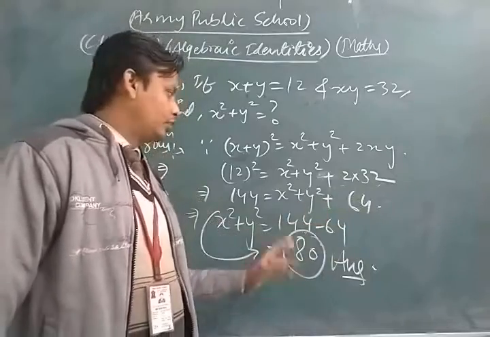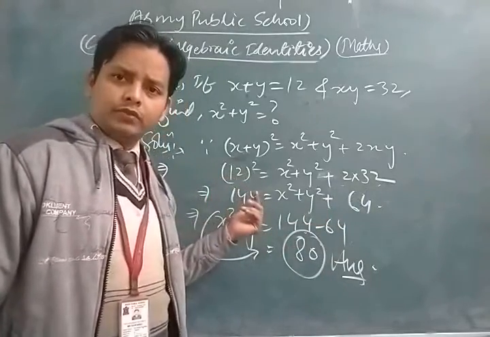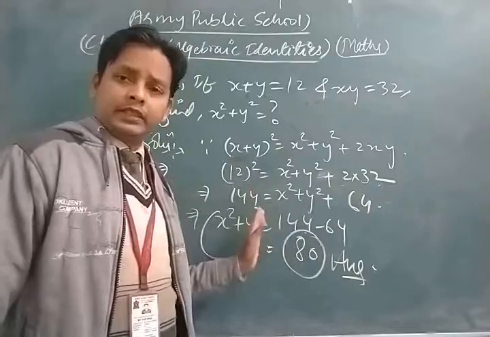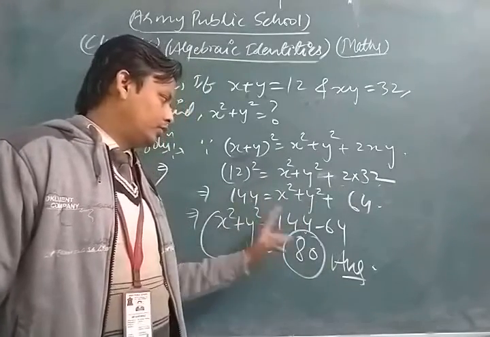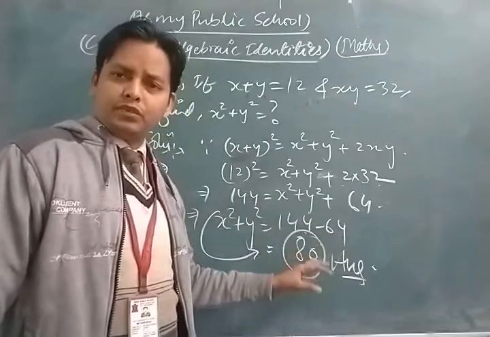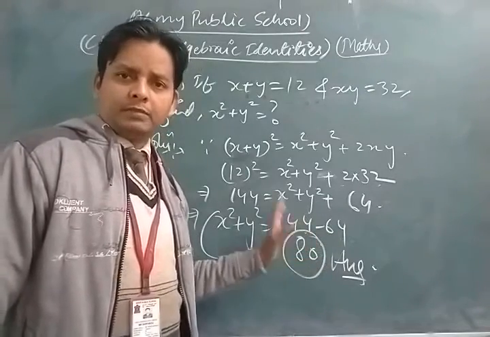The square of 12 is 144, and after transferring we get our result x square plus y square equals 144 minus 64, that is 80.